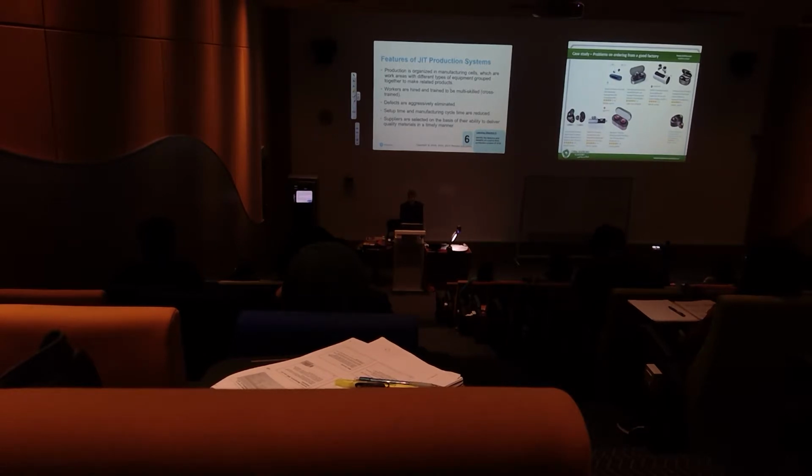Setup time and manufacturing cycle are reduced, and suppliers are selected on the basis of their ability to deliver quality materials in a timely manner. So actually, suppliers are not selected on the basis of lowest price. They are selected in terms of reliability, their ability to not give you trouble. Like the trouble occurs in the timing, okay?